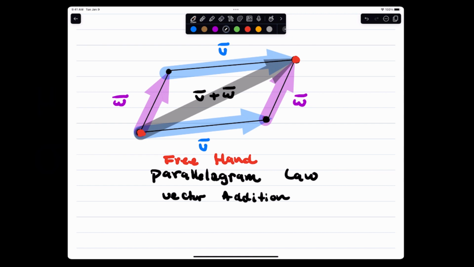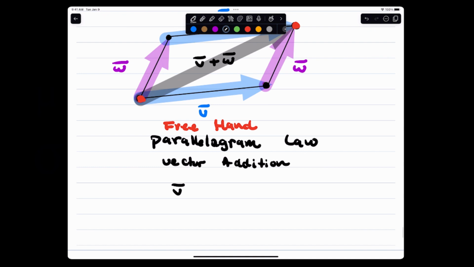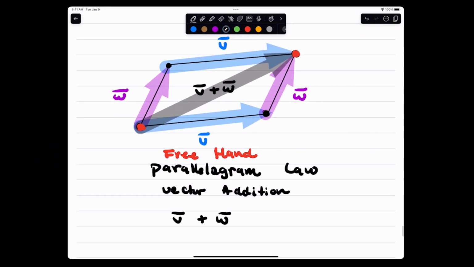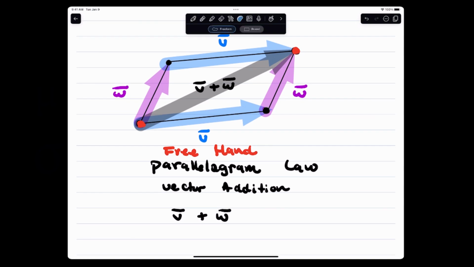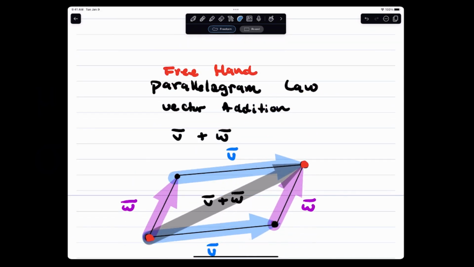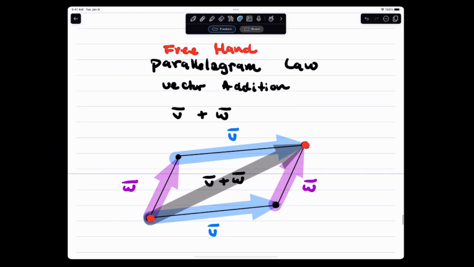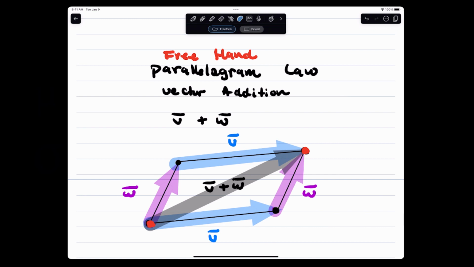Notice this. This is vector v plus w, and that's known as our parallelogram law for vector addition. I can move these vectors anywhere I want as long as I preserve magnitude and direction, and you're going to create this vector sum. Parallelogram law.